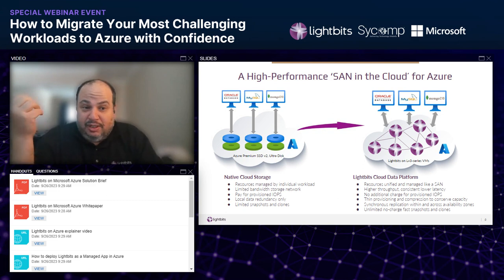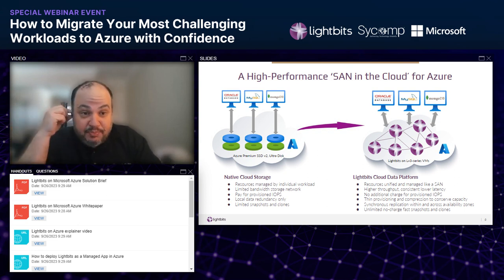Even for a few volumes, you can take the maximum performance. You don't need to pay additional fees related to provisioned IOPS, provisioned throughput. You can take as many snapshots as you want. You don't pay for the snapshots you are taking.